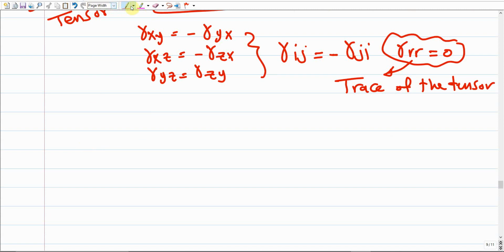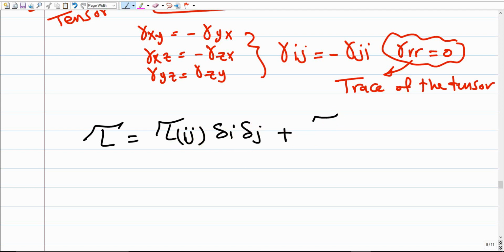As I mentioned above, any general tensor tau can be decomposed into a symmetric part, tau (ij) delta i delta j, there is no dot here, plus another skew-symmetric part, which is tau [ij] delta i delta j.